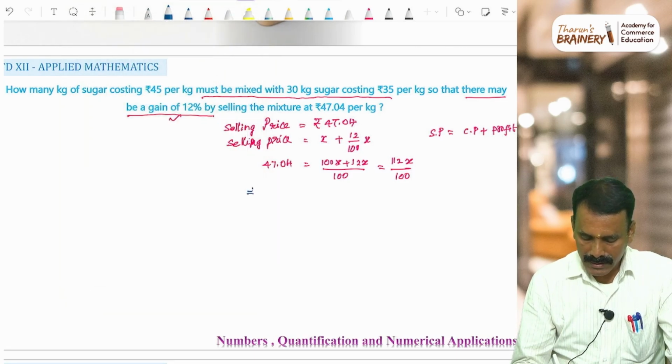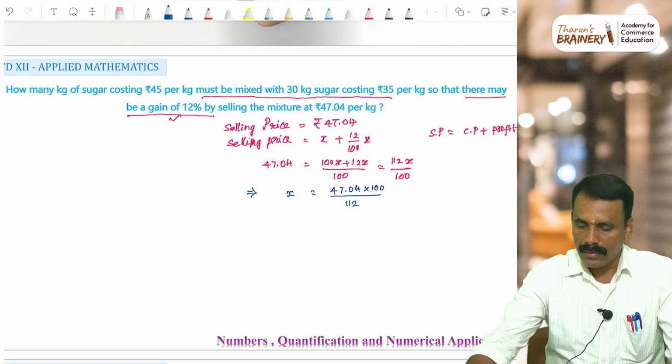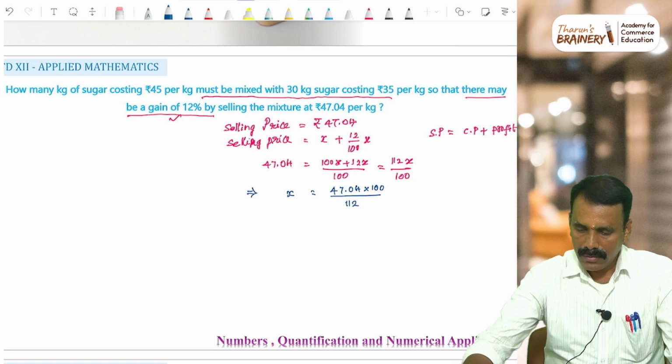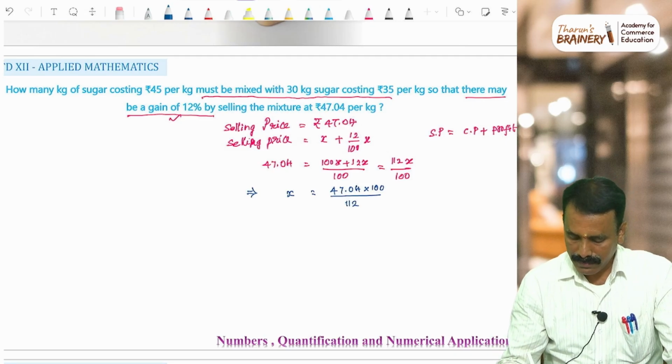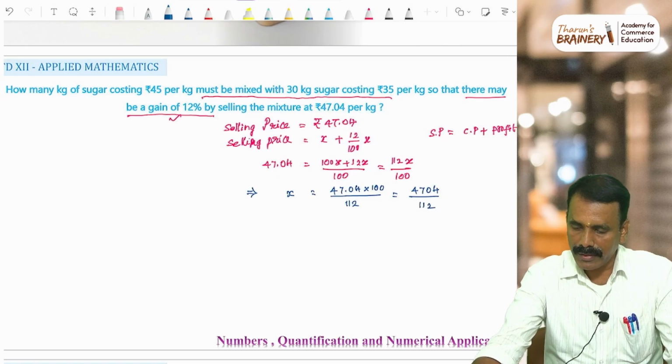So this implies x is equal to 47.04 into 100 divided by 112. 47.04 into 100 is 4704, divided by 112.